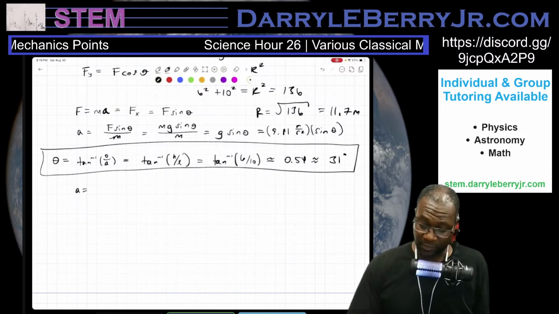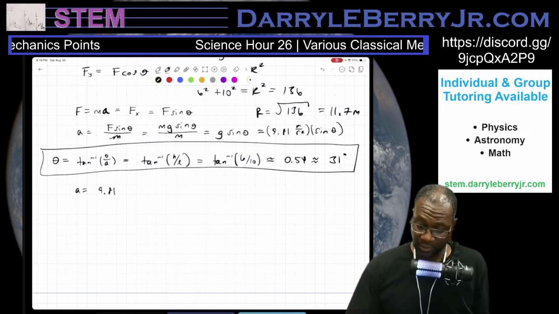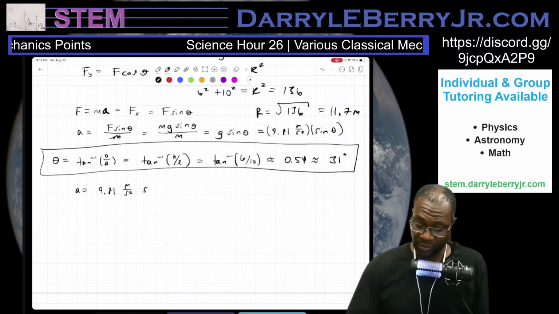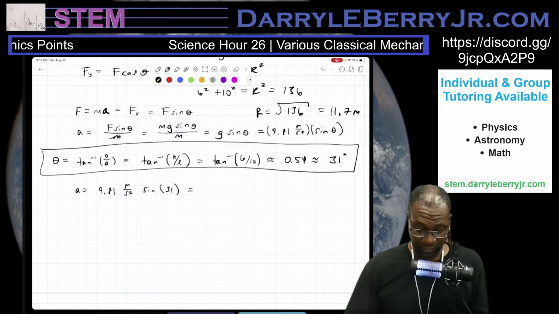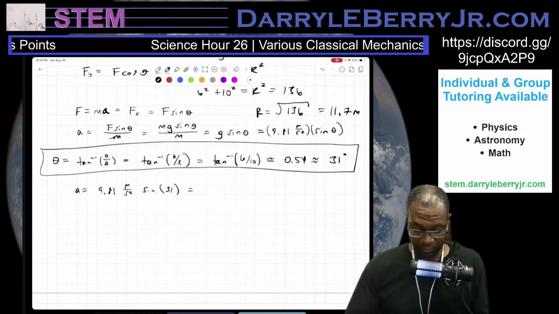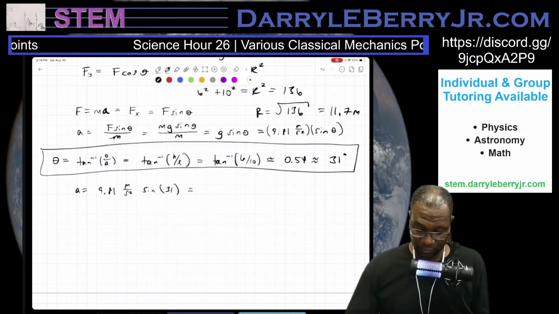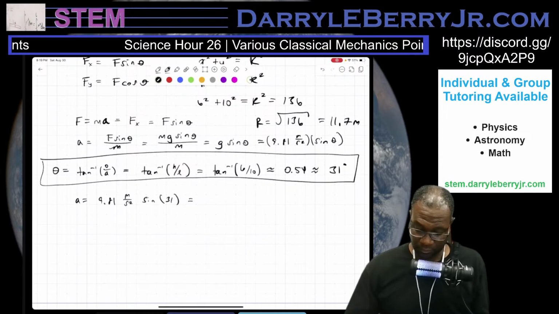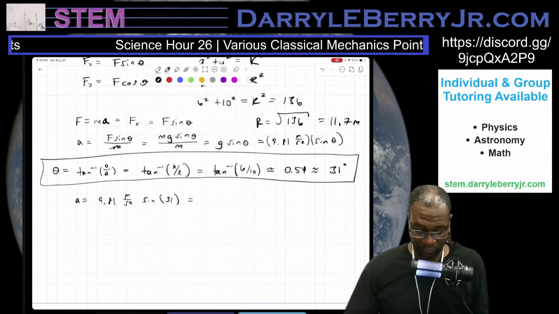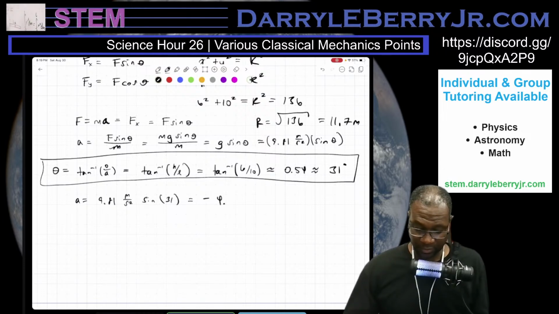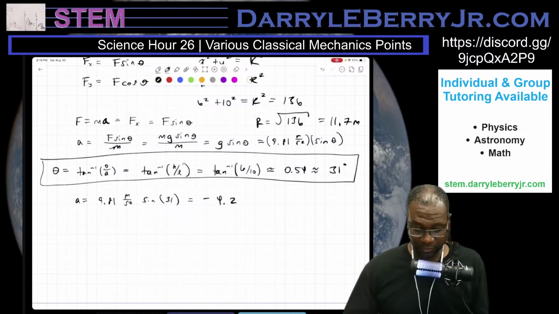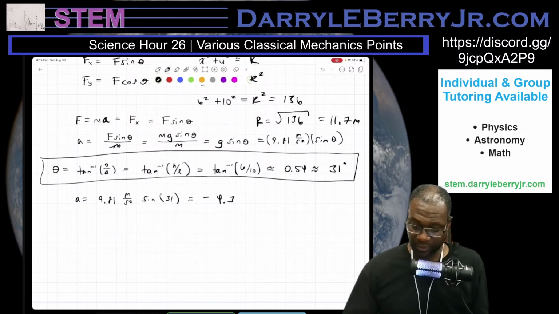So A equals 9.81 meters per second squared sine 31. So that equals 4.2, let's say 4.3 meters per second squared.